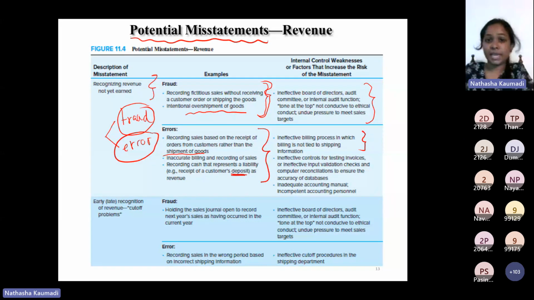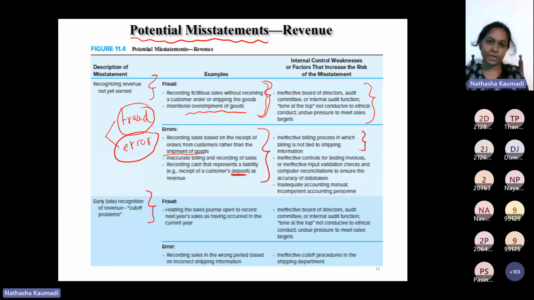So the second misstatement. The first one is recognizing revenue not yet earned. The second one is early or late recognition of revenue. That means cut-off. This year's sales have been recorded in the next year, that is late recognition. Or else next year's sales have been recorded in this year. Say January 1st sales have been recorded on 31st December, that is early recognition.